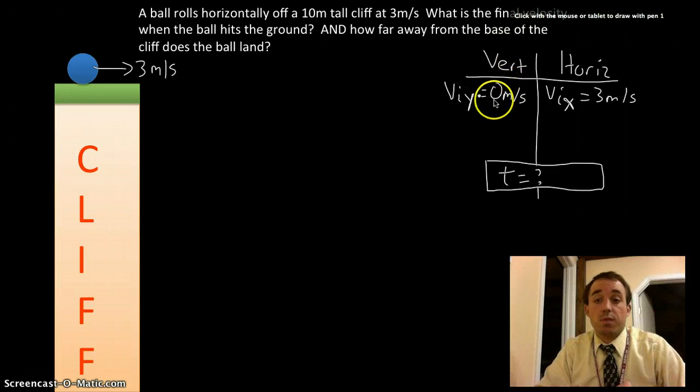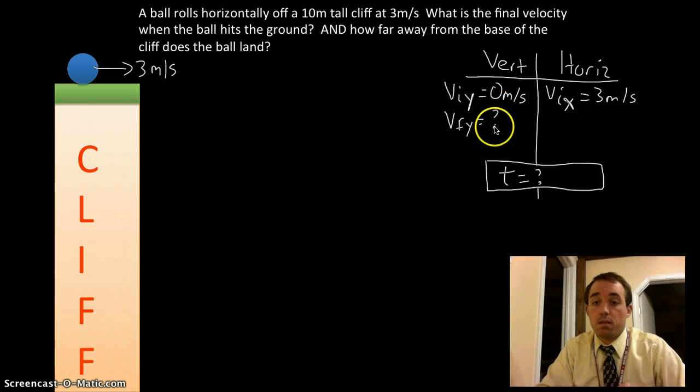But other pieces of information do correlate to each of these. In order to find the speed or the velocity when it hits the ground, we're going to be looking for VF in the same fashion, VFY. That's what we're first going to be looking for. That's part A. We know that the acceleration is g, negative 9.81 meters per second squared.